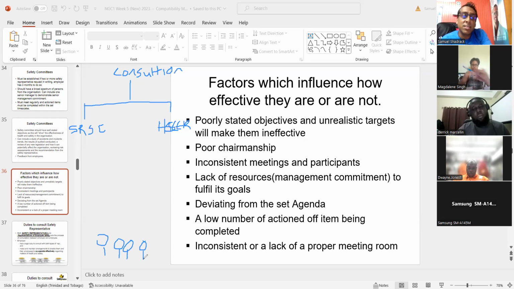One of the things the two laws are saying is that you have to hire somebody to fulfill the role of a safety representative. So there's a person here, we'll call him Frank, right? The law is saying the company has to find someone to hire here, and this person is known as the safety representative.